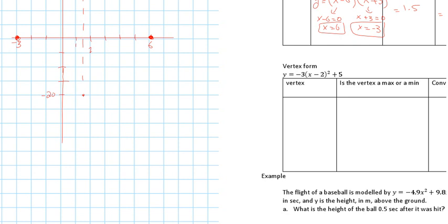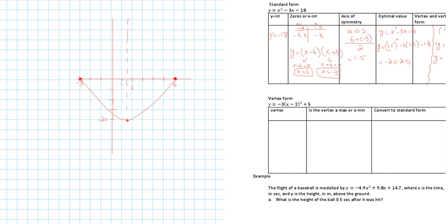And then this is how the graph's gonna look. Looks symmetrical to you, right? Makes sense. The a value is 1, so it's gonna open up, right? Any questions about this so far?